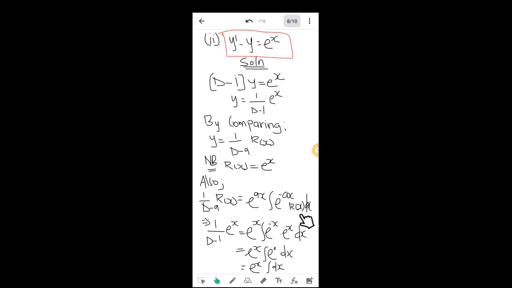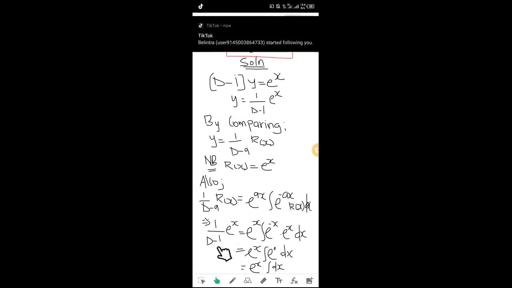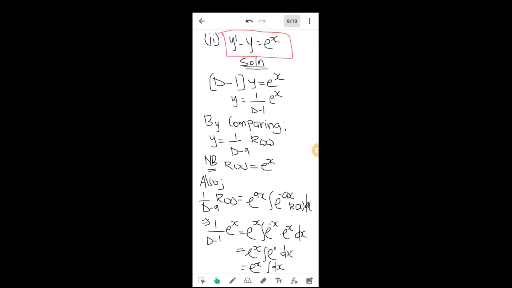So my 1 over D minus a, now by comparing, my a is 1. So 1 over D minus 1 operating on e exponent x is equal to, so here I'll first maintain my positive value, and it's 1x.